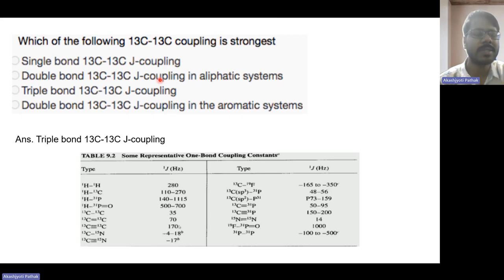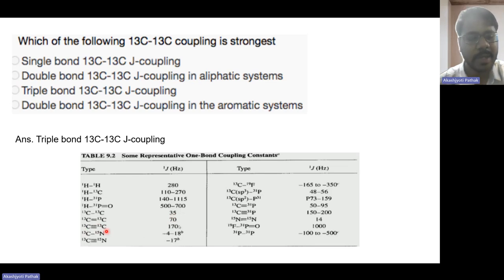Which of the following C13 couplings is strongest? For this question, if you have a rough idea of these values, it will be easy to answer. So remember, the C13 single bond coupling has a J value of 35. The C13 double bond has a coupling constant value of 70.